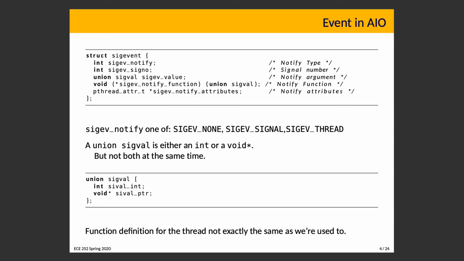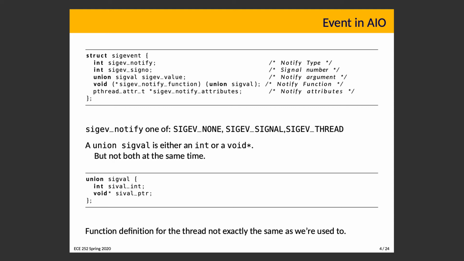The union thing aside, the next field in the SIG event structure is a function pointer for a SIGEV notify function, which has return type void and one argument of type union sigval. And finally, there is a pointer to a pthread attribute structure, which is going to be the attributes for the thread that gets created as a result of the event.